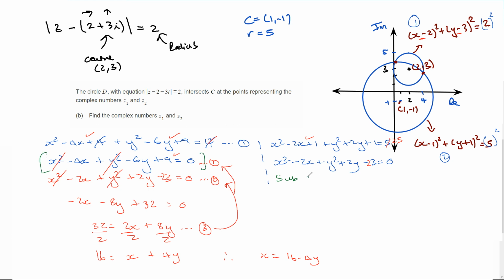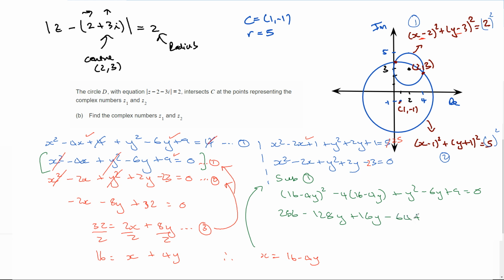I'm going to substitute it into equation 1, and I'm going to get 16 minus 4y, squared, minus 4 times 16 minus 4y, plus y squared minus 6y plus 9 equals 0. So that's going to be 256 minus 128y plus 16y squared, minus 64 plus 16y, plus y squared minus 6y plus 9 equals 0.